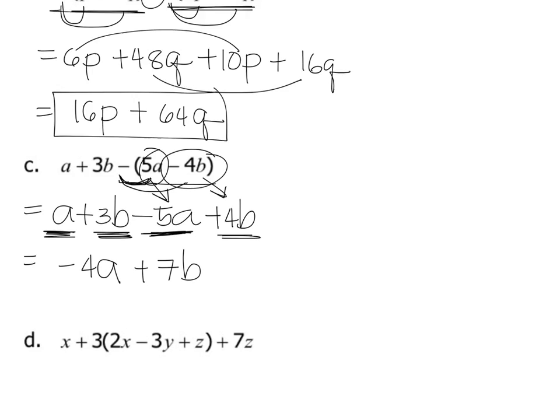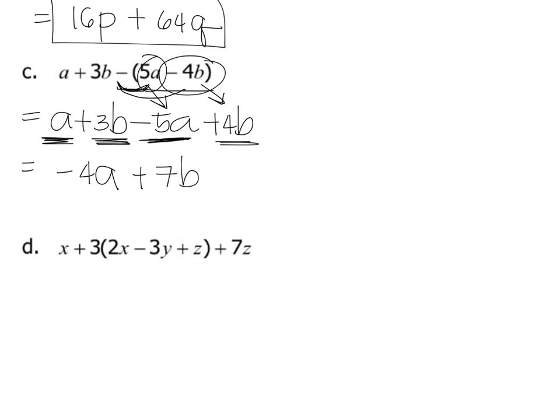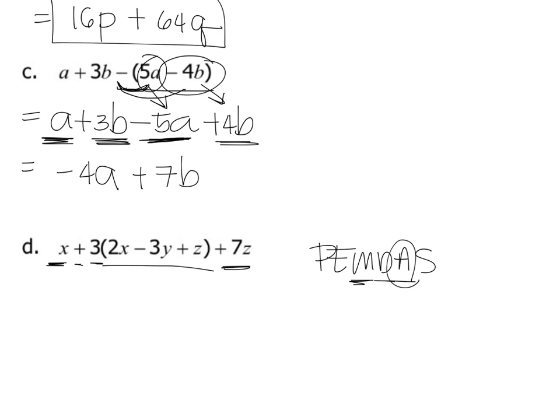Okay? In letter D, you have x plus 3 multiplied by (2x minus 3y plus z), and then later on you have a plus 7z. If you remember in PEMDAS, you have to perform multiplication before addition. So the x plus 3, that plus, will happen later on.